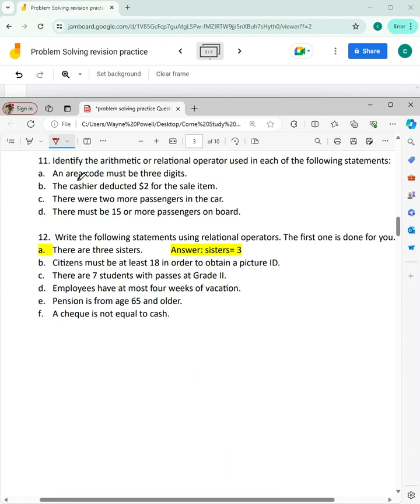An error code must be 3 digits. So we are saying that the error code, whatever it is, must be equal to 3 digits. So the operator will be equal.